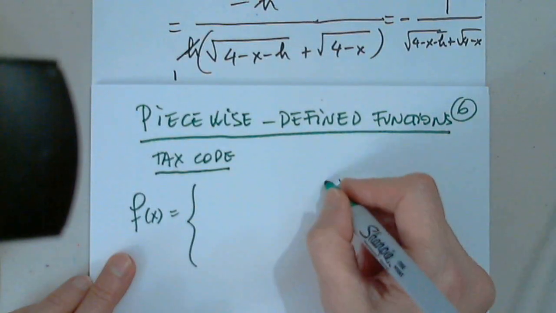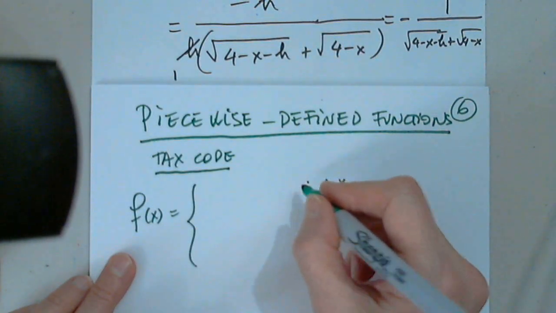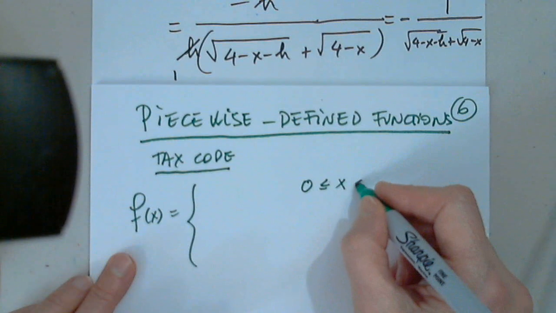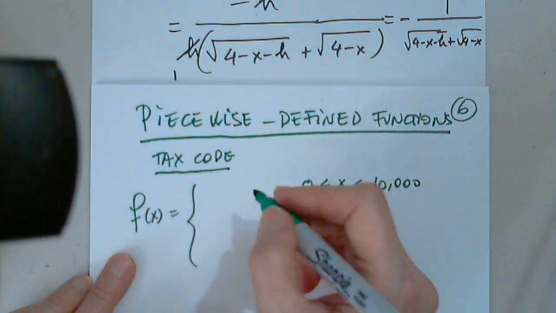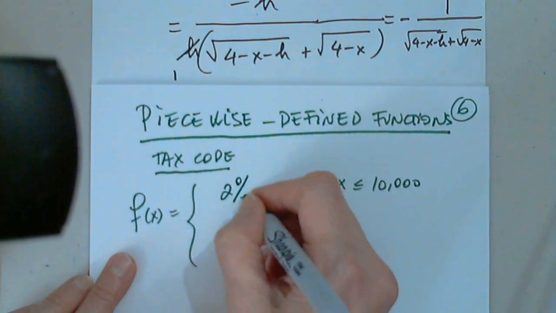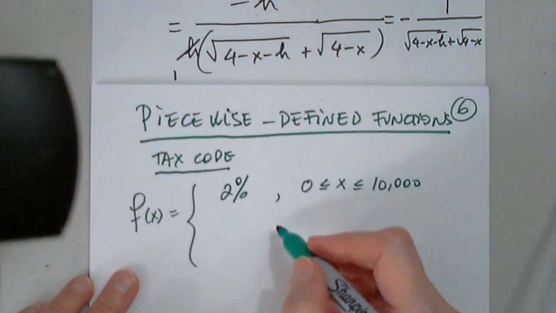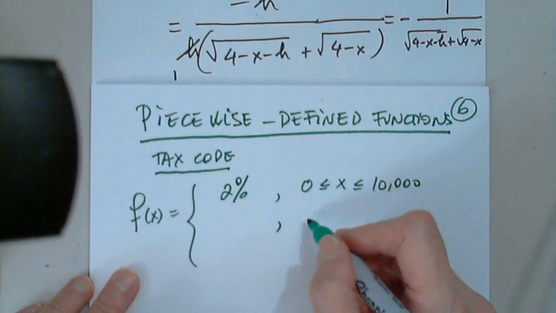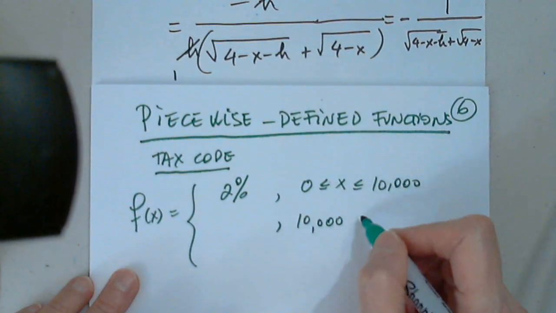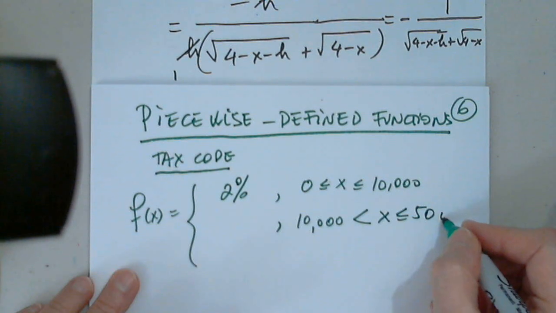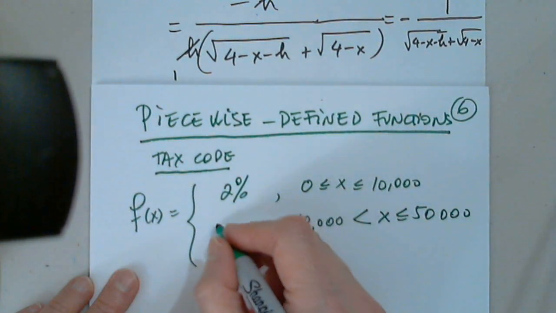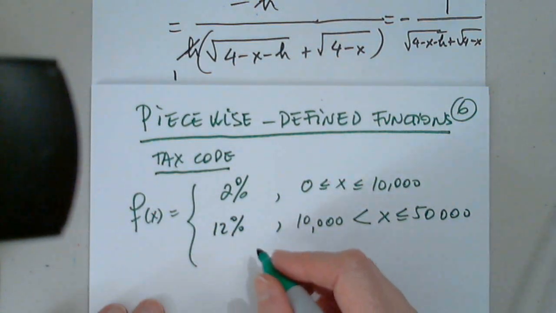So for someone making between, I don't know, 0 and $10,000, I'm making stuff up, let's say they pay 2% in taxes. Between 10,000 not closed and 50,000, making stuff up, 12%. And so on and so forth.